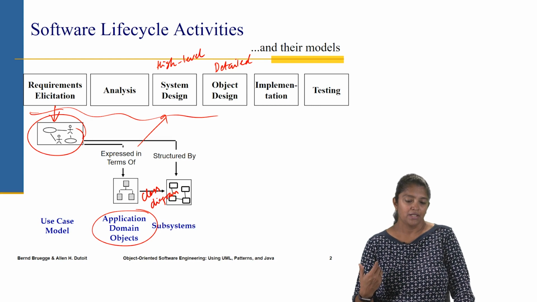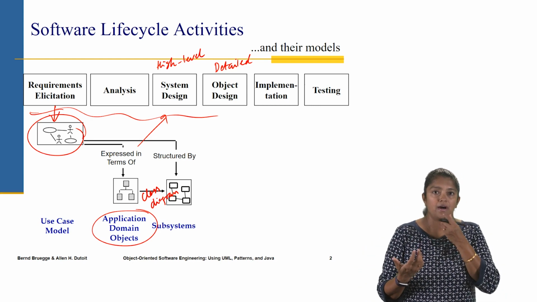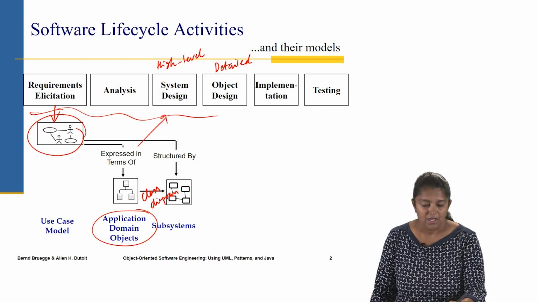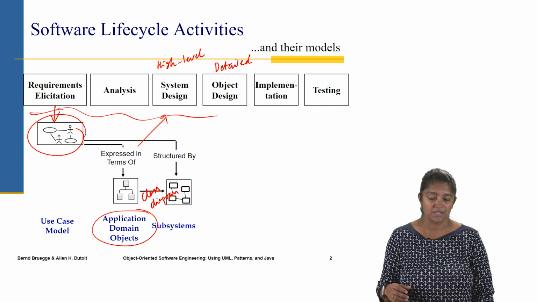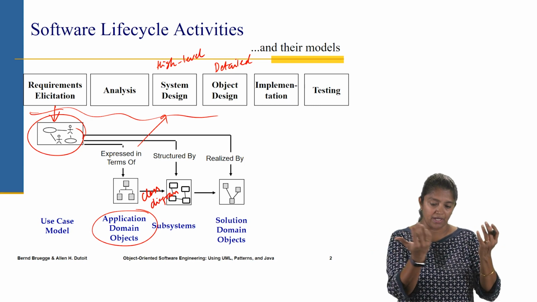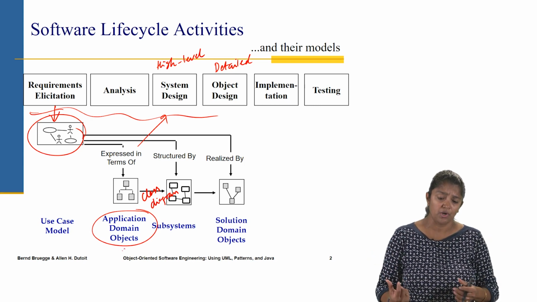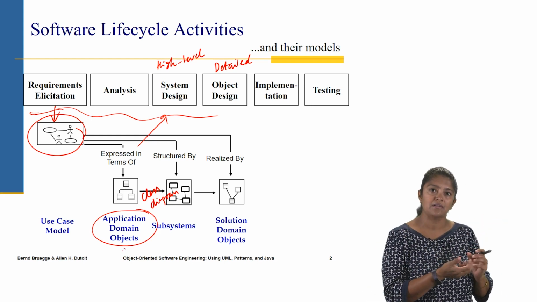We create that, and then we further structure our system into subsystems and organize it. That's what you see over here. This is all part of the system design. Then from the application domain objects and the use case model, we get into solution domain objects, so more detailed design.